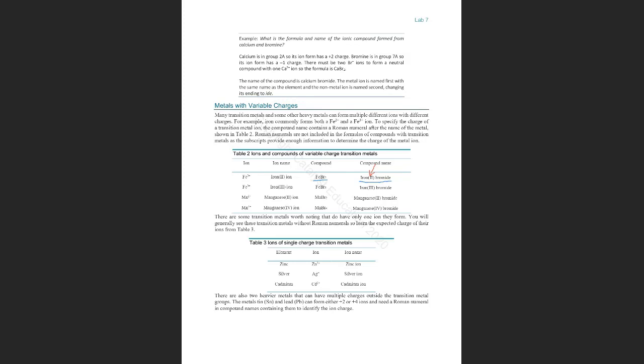Now there are transition metals in the transition metal area that tend to have only one particular charge. They don't have multiple charges. And for these ones, you don't actually get a Roman numeral, so you kind of just have to memorize them.